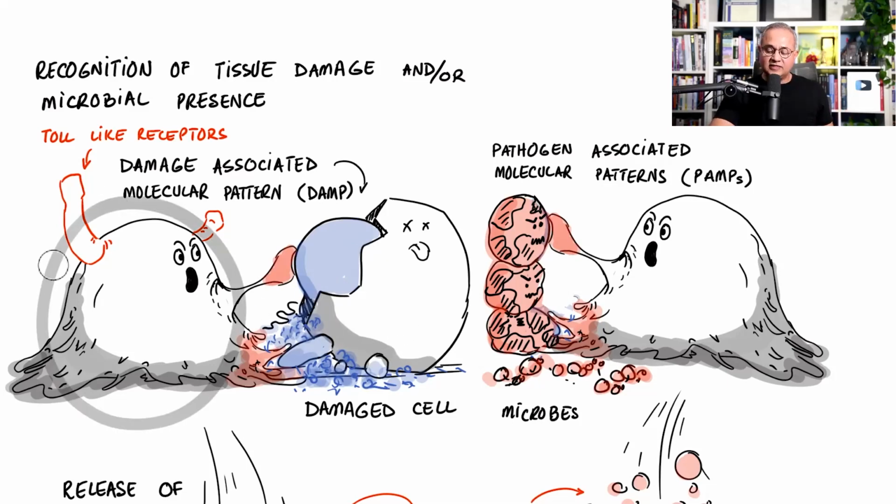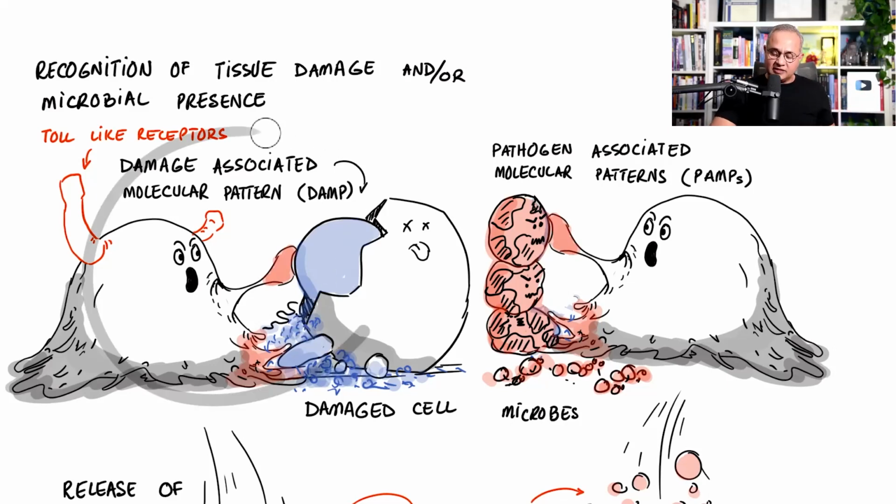Now, here is a sentinel or sensory cell. These sensory cells, macrophages, dendritic cells, mast cells, have special receptors on them. Just like we have hands, these guys have thousands of hands on them as well. These special receptors are called toll-like receptors or TLRs. These toll-like receptors can be of different categories.